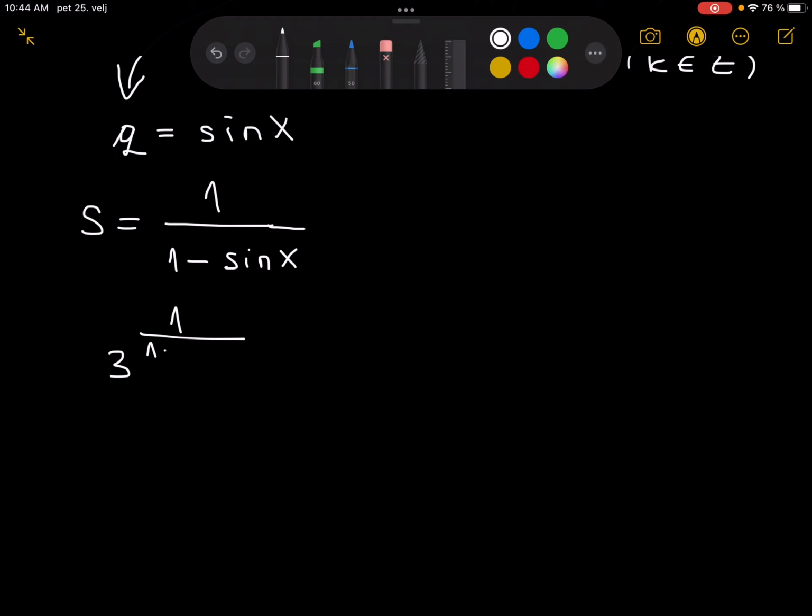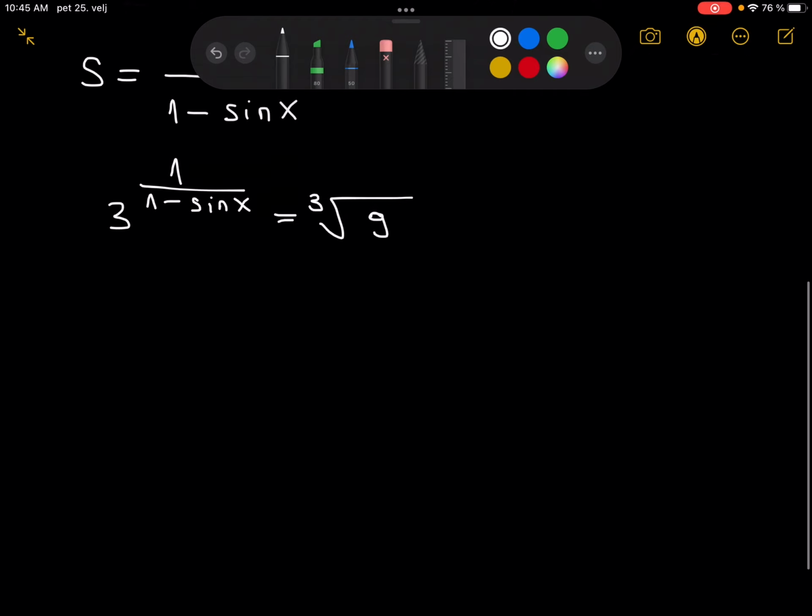So 3 to the power of 1 over 1 minus sine x is equal to the cube root of 9. Now let's go ahead and rewrite this yet again. 9 is just the same as 3 to the second power, and because it's under a cube root, that's going to be equal to 3 to the power of 2/3.